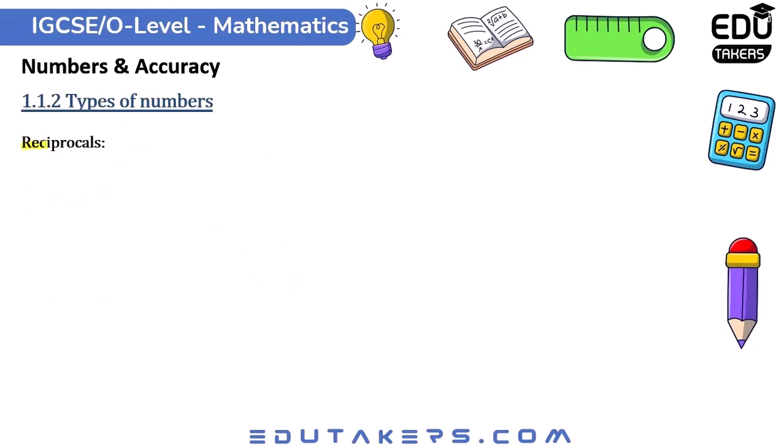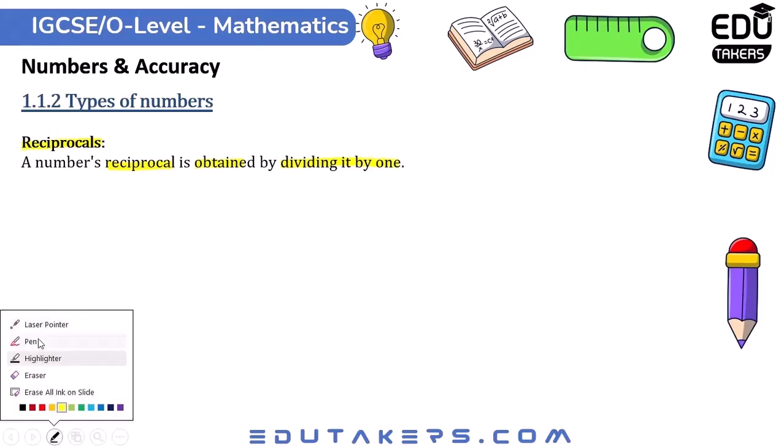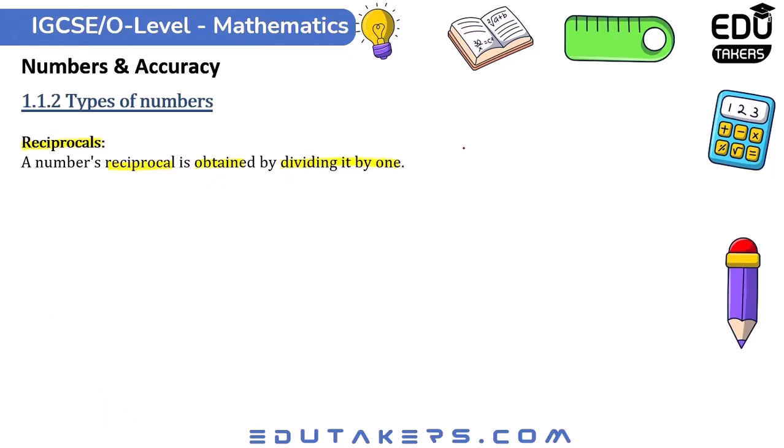Let's move to reciprocals. A number's reciprocal is obtained by dividing 1 by it. For example, let's say we have a number 4 and its reciprocal will be obtained by dividing 1 by this number.